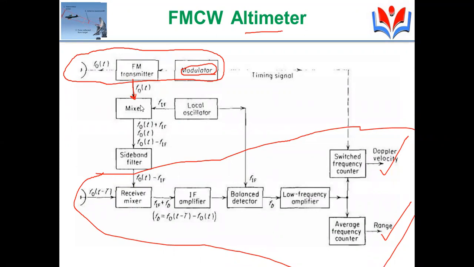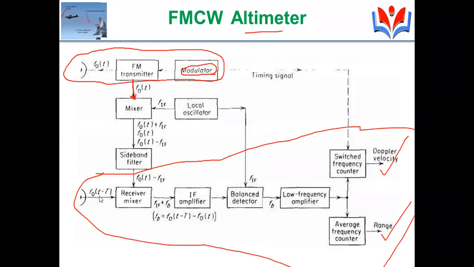So we have f naught of t as one input, f IF as another input. The mixer does both addition as well as subtraction of these inputs, so the output is either the sum or the difference. We take the difference by using a proper filter, passing only the difference frequency f naught of t minus f IF.